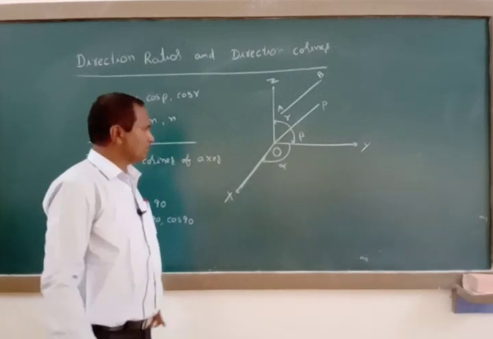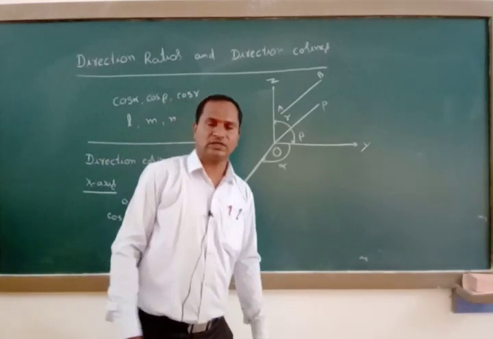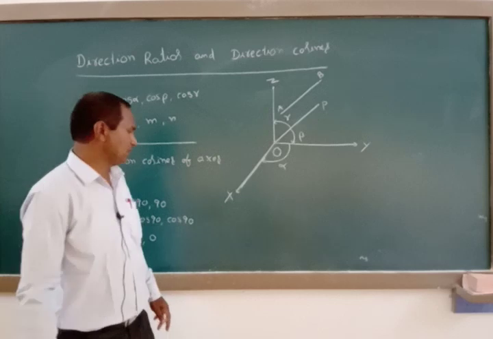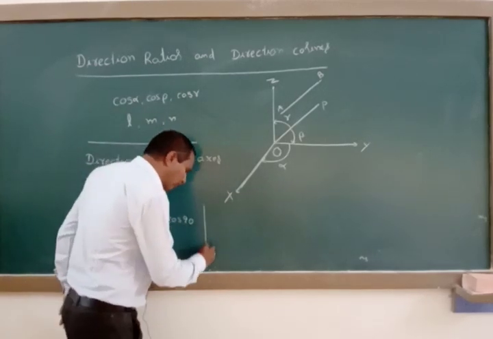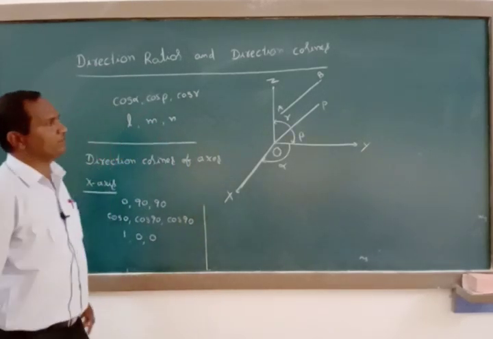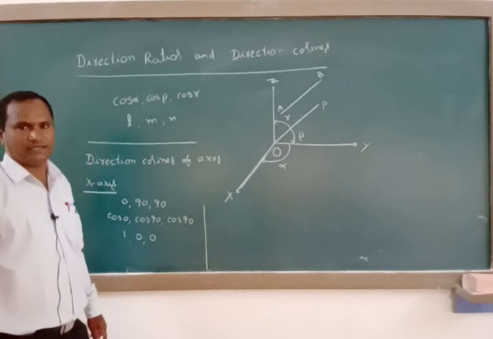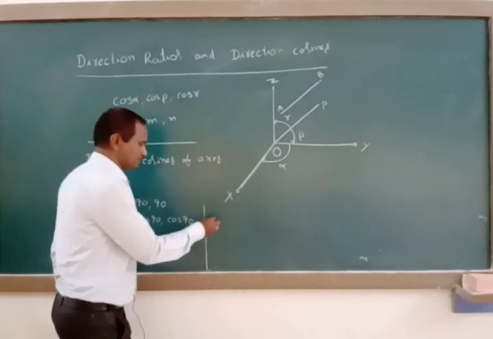Therefore the direction cosines of the x-axis are 1, 0, 0. Similarly, we can prove the direction cosines of the remaining two axes, the y-axis and the z-axis.